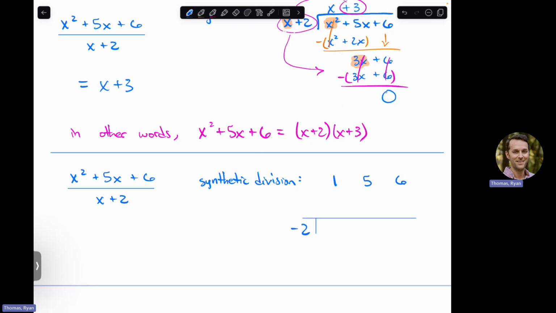Now, the way the actual algorithm works is that you carry this down to begin with. So 1. And then we multiply here. -2 times 1 is -2. I store that in sort of the next spot.